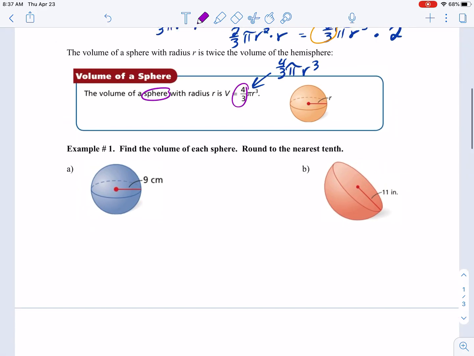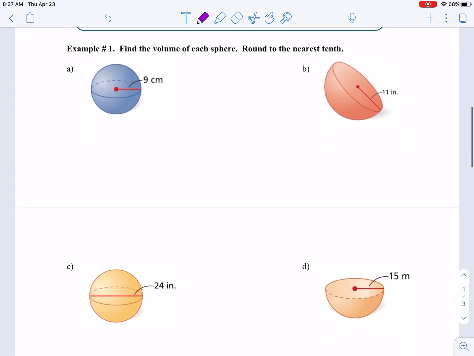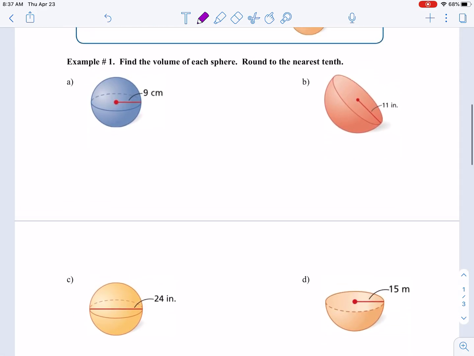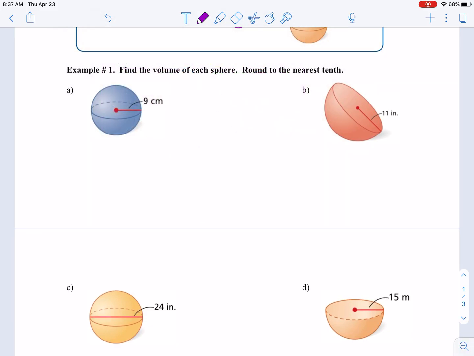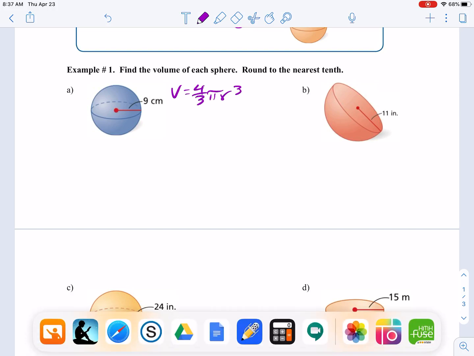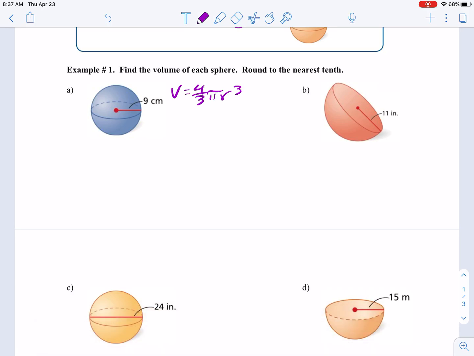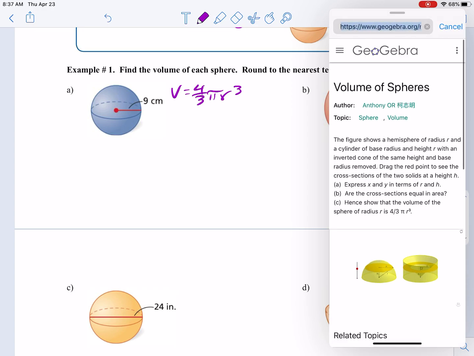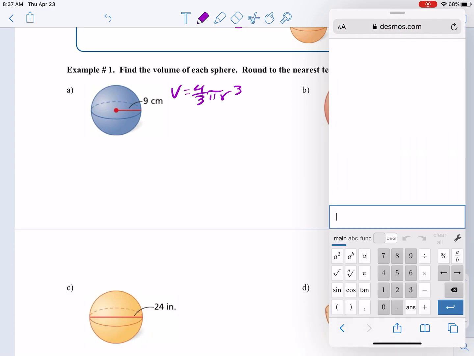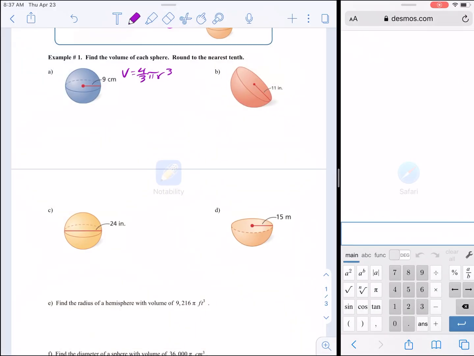All right. Let's go practice using those formulas on a couple of the solids. Let's do A and B together, and then you can try C and D on your own. For A, we have a sphere. So our formula for volume is 4/3 pi r cubed. Probably gonna need calculator back up. The radius is actually given for you right there. The radius is just 9.